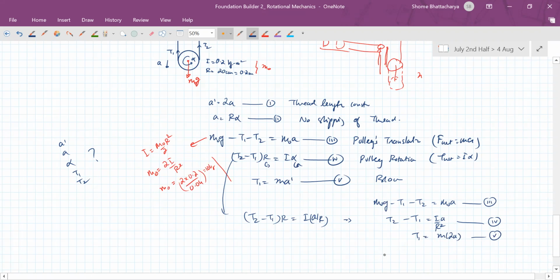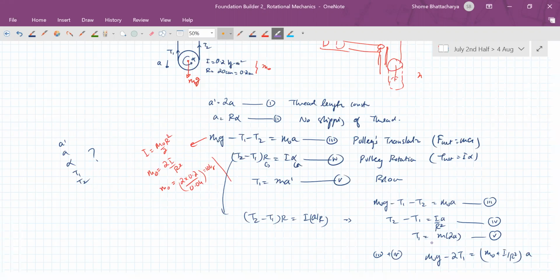So now basically if we add equation 3 plus 4, we'll get this equation that m naught g minus 2T1 is equal to m naught plus I by r square into a. And then in this equation we substitute T1 is this.